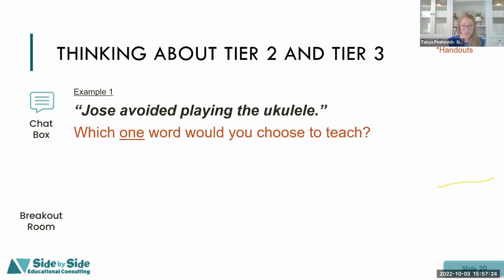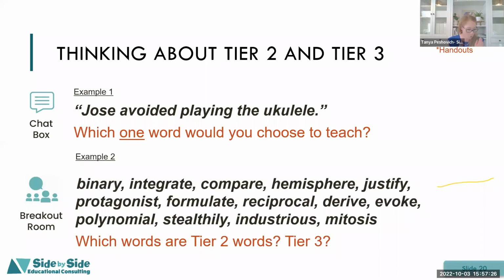Okay. All right, let's take a look at some other examples of words. You have these words in the very middle of page 5. What I'd like for you to do is take a look at all those words, starting with the word binary. And you are going to tier them. You're going to put them either into a tier 2 or a tier 3 on your 2-column chart here on page 5.